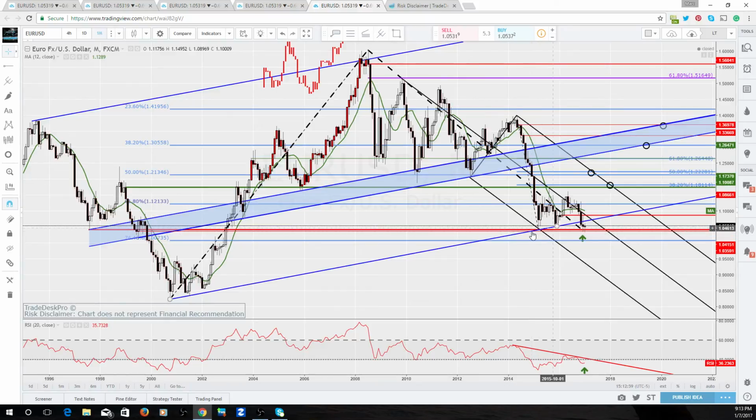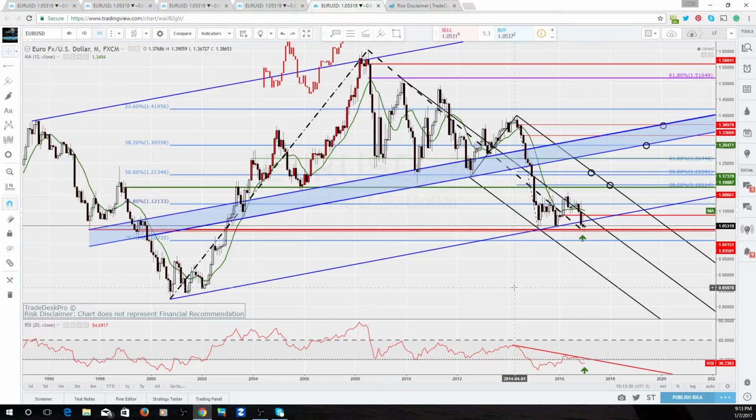So it's uncanny how price knows this trend line from the year 2000 going to 2015, and if you would have bought this trend line, you could have made what is it, 1200 pips, so every line is important, in my opinion.